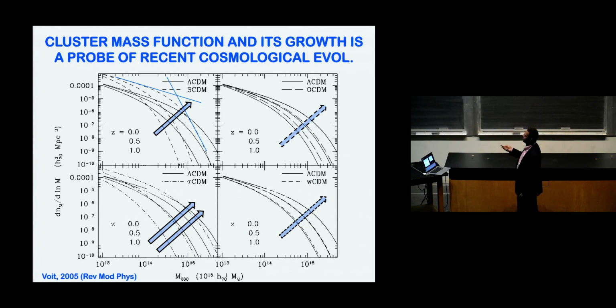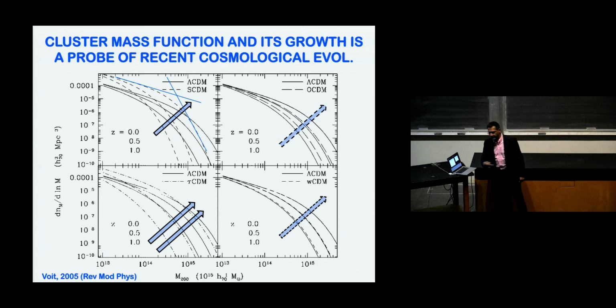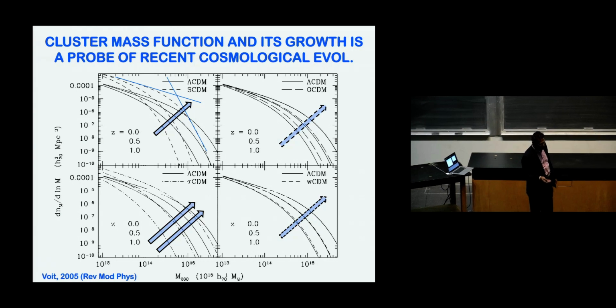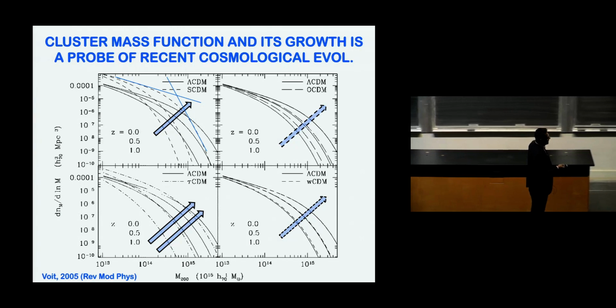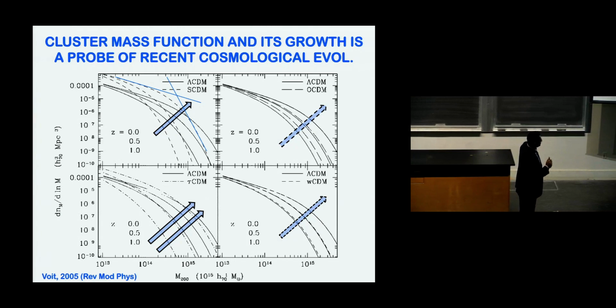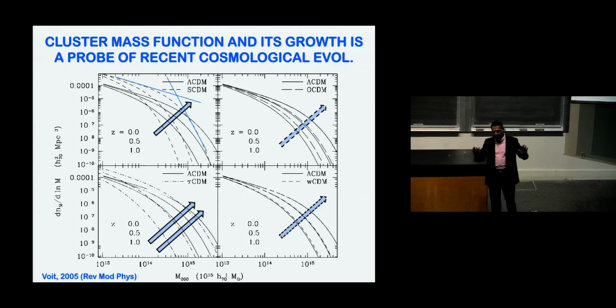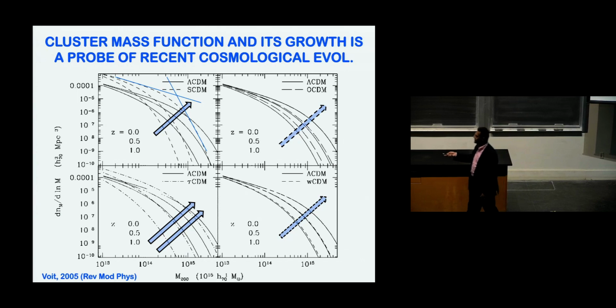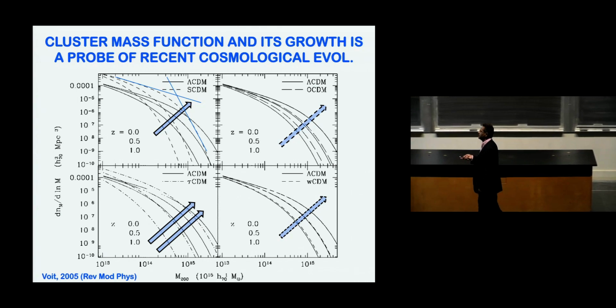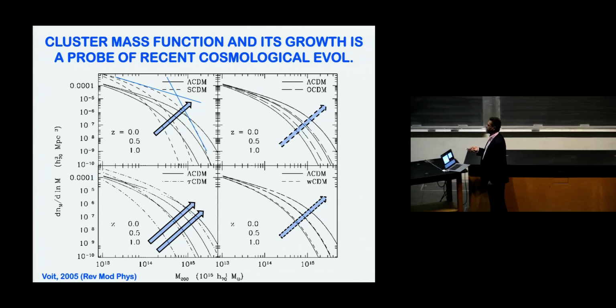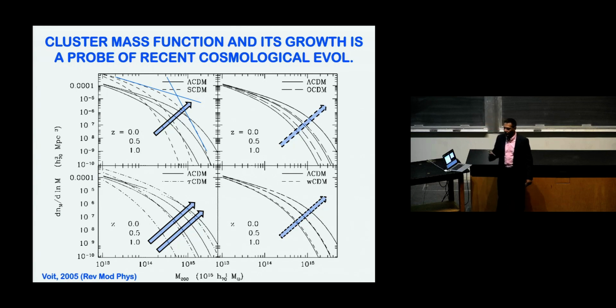And similarly, if you look at different variations of the universe, you find that either the shapes are the same or they evolve somewhat differently. And the challenge here basically is to try and construct distributions of clusters of galaxies at different epochs in the universe and look at exactly how these curves are evolving and what their shapes are.